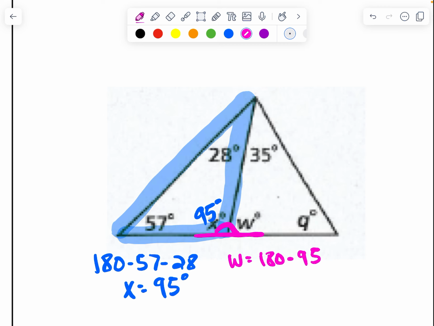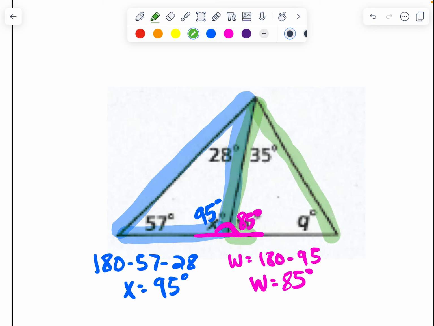Just double checking. Good. Yep. So W is 85. And now I can figure out Q. Q equals 180 minus 35 minus 85, which is 60.